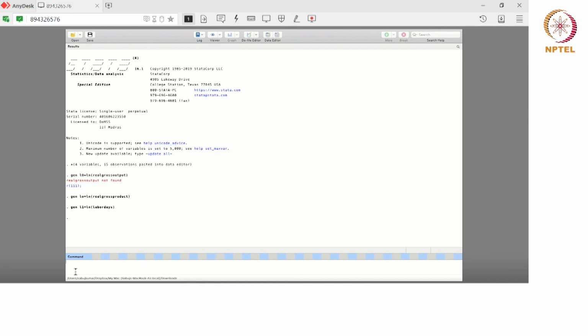Then the third one, gen L2 defined as ln of real capital. So all three variables are now converted into log.